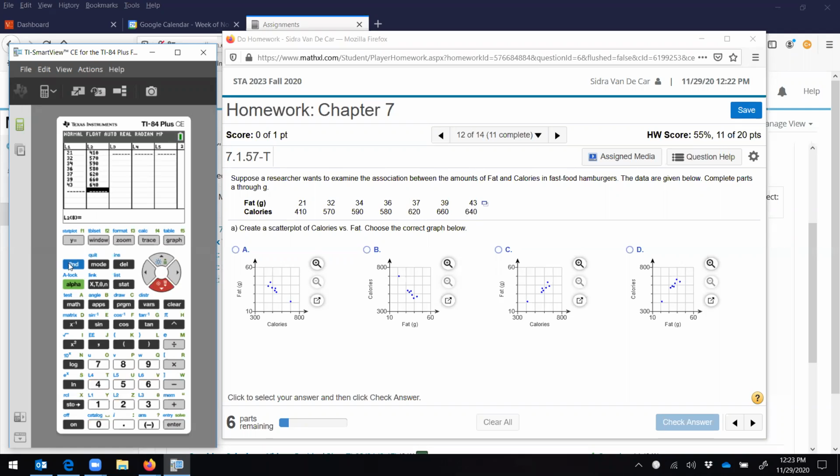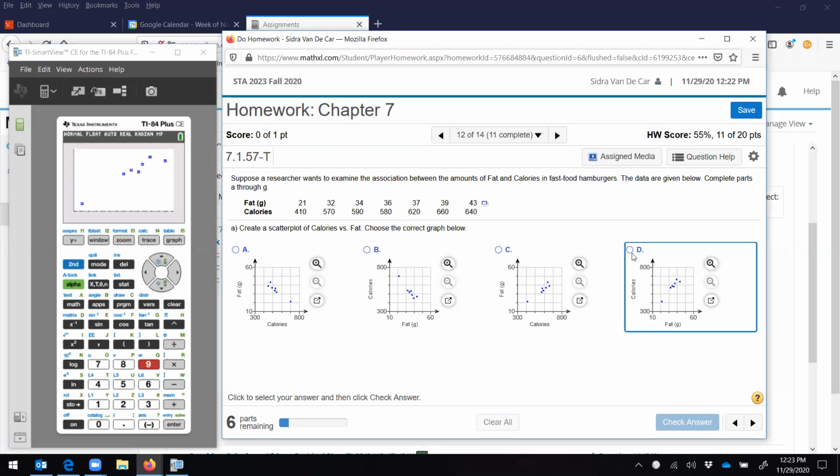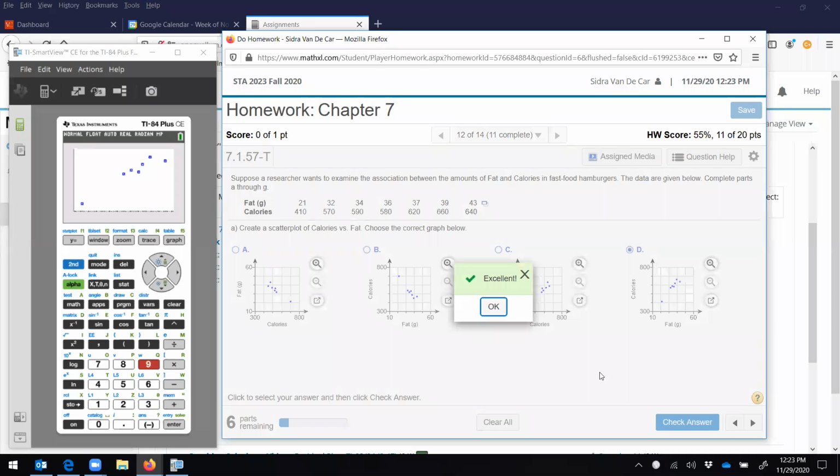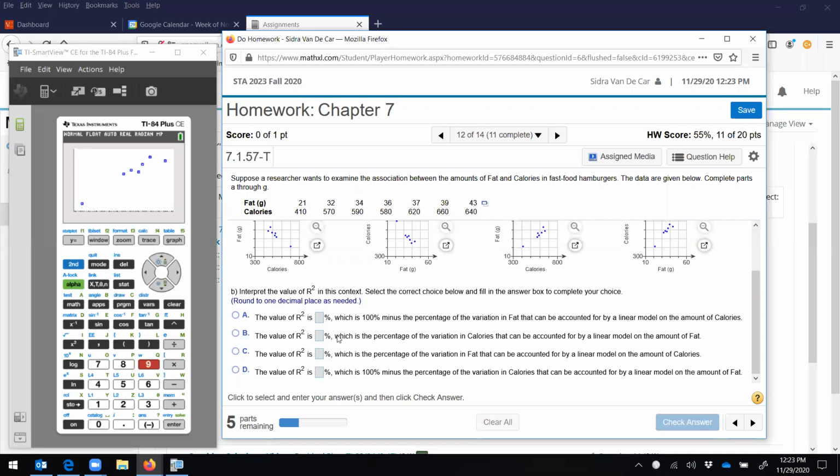Okay, now the scatter plot is on. So zoom 9 looks like that. That would be this graph. And then stat, calc, option 4.